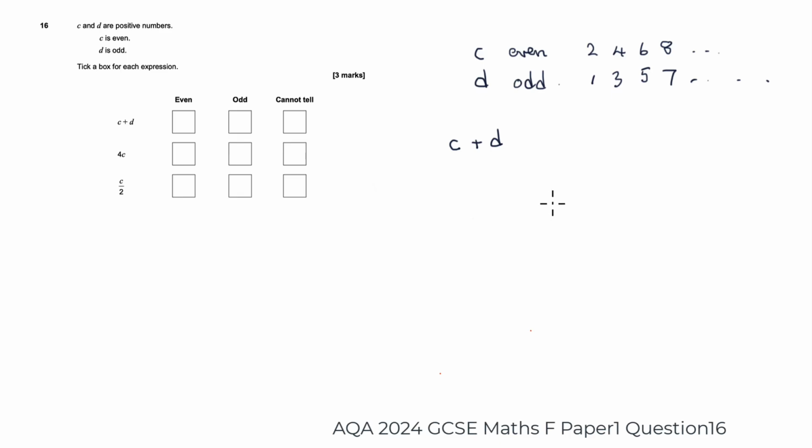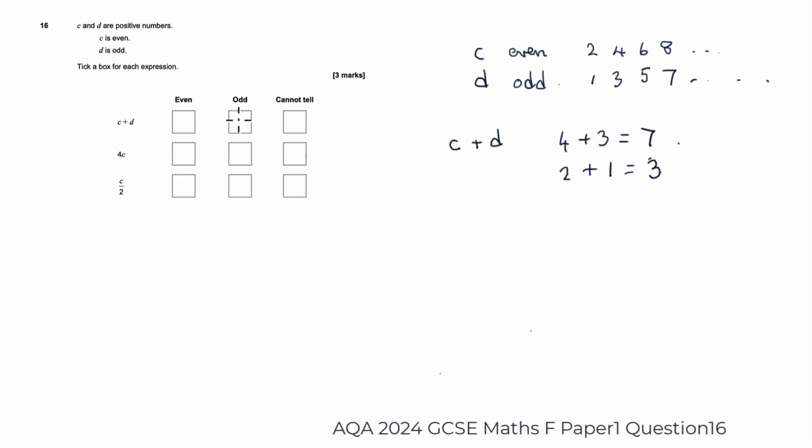Well, we could try some of these. Suppose we take an even number, 4 for instance, and add an odd number, 3 for instance, and look, we get an odd answer. We'll try another one, 2 for an even number, 1 for an odd number. Even plus odd will always give us odd. Let's write that down.